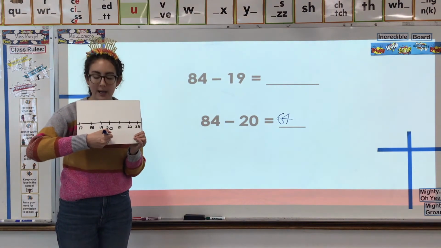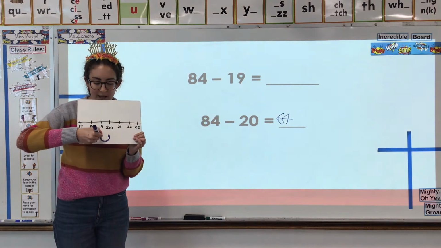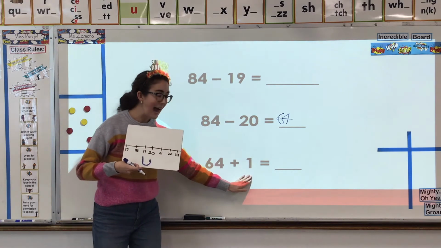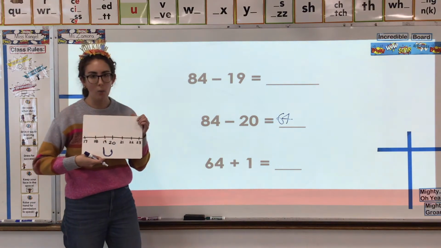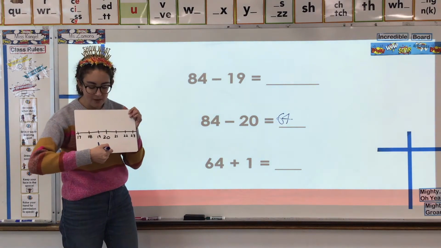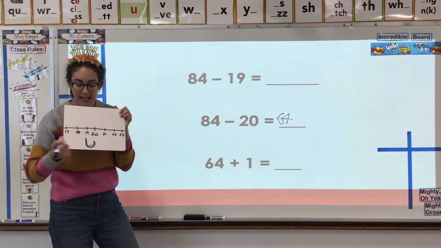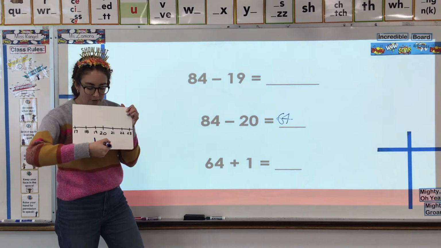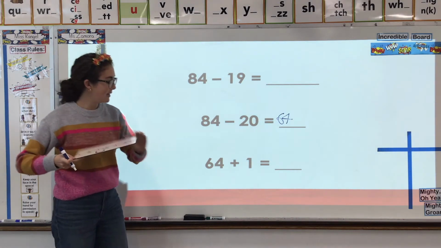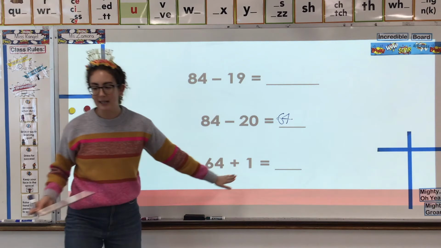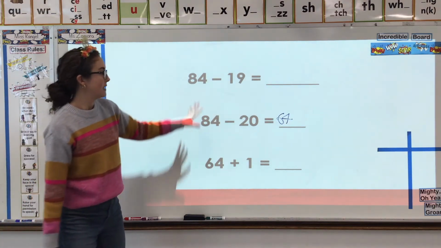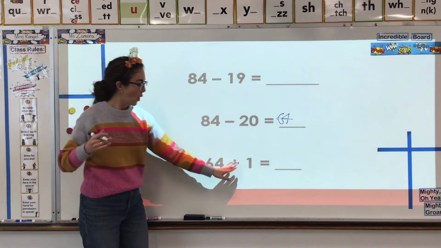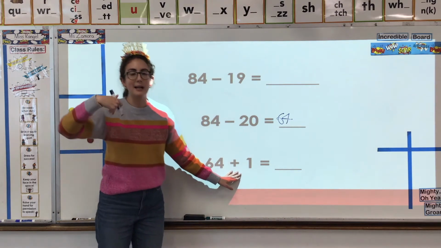So we have 20, but if we only want to take away 19, we need to add back 1. We have to go back on our number line and add back a 1. Since we're only taking away 19, not 20, we have to add back a 1.